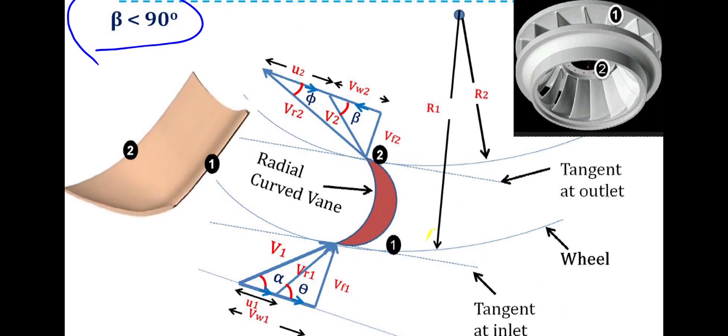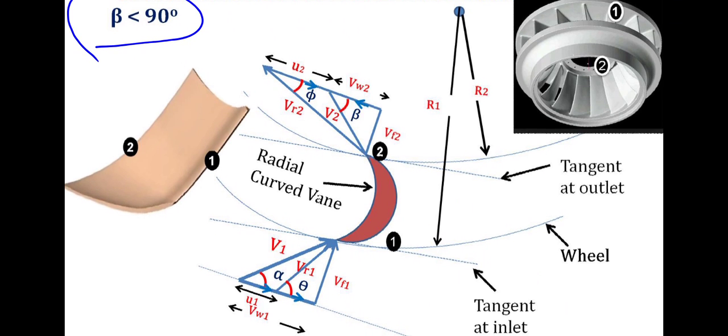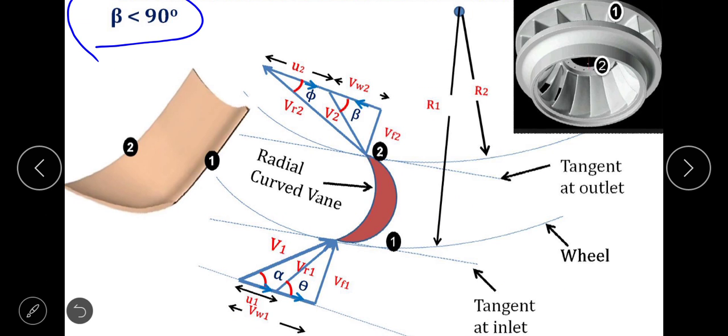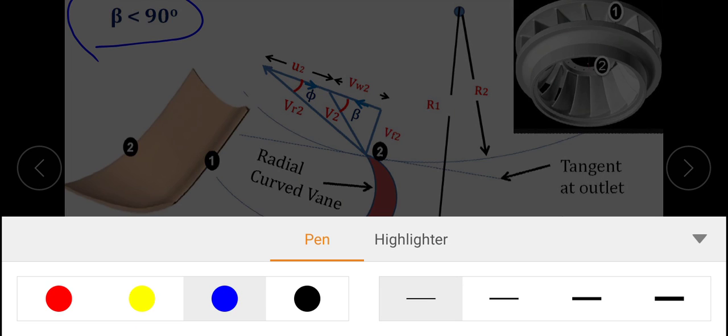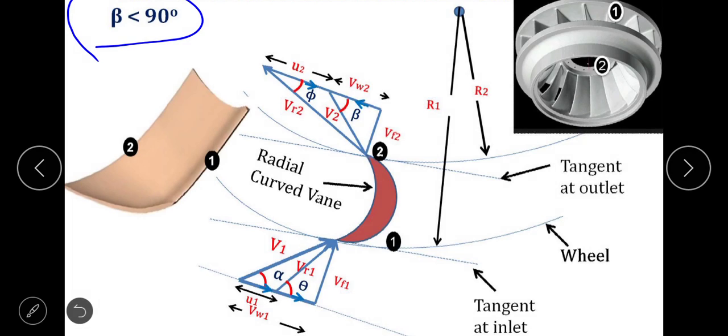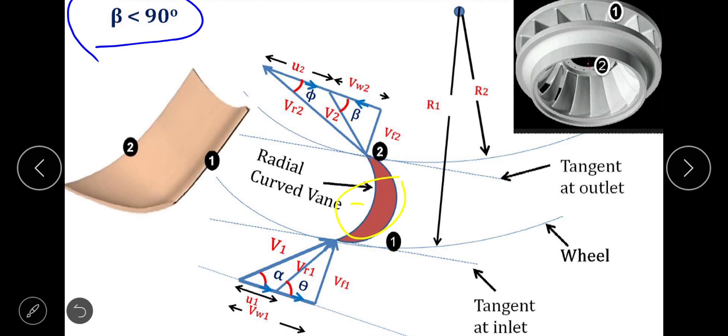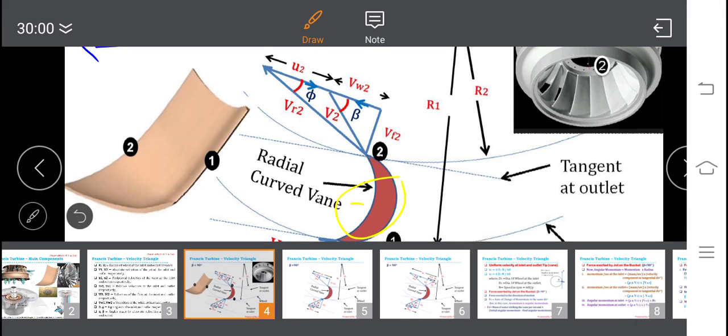All of you can see now? Yes. This one is a radial curved vane. Now this is the inlet.